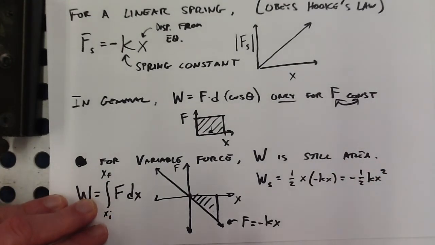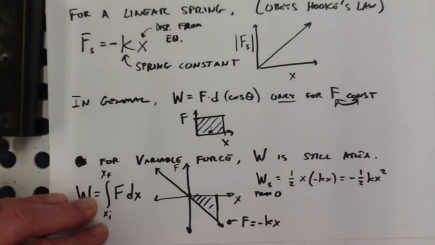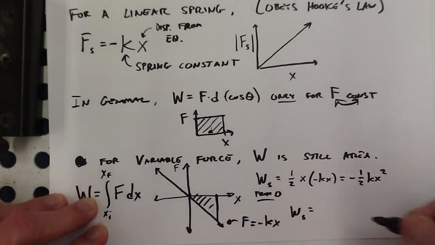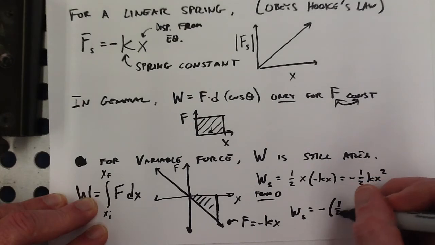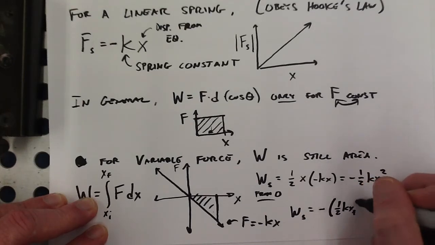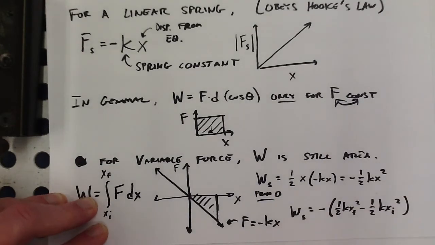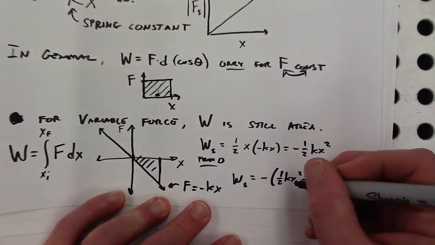If you're moving from 0, which is often what we're doing, this is from 0. In general, the work done by a spring is equal to negative 1/2 kx final squared minus 1/2 kx initial squared in general.